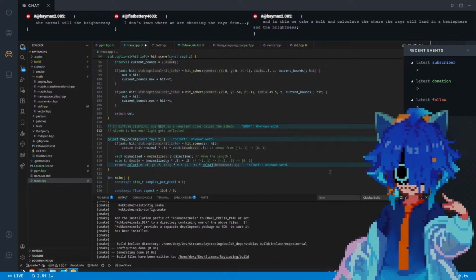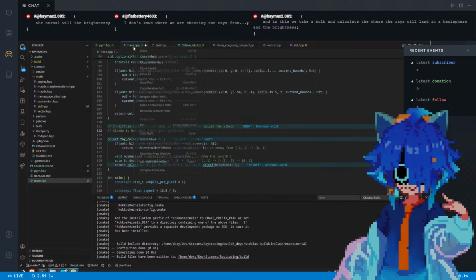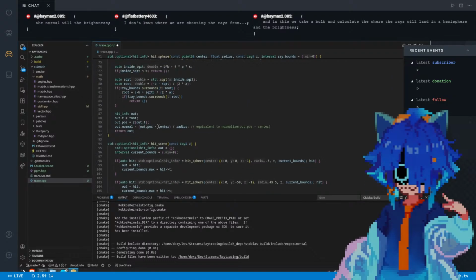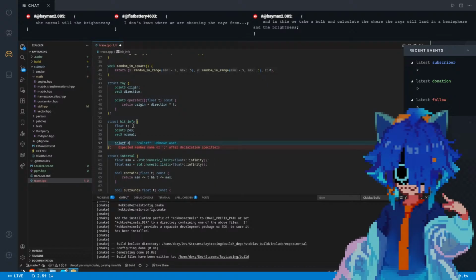So, to compute this, we're going to need to add a little bit more information to our hit record. The first thing that we're going to add to the hit info is a color F called the albedo.